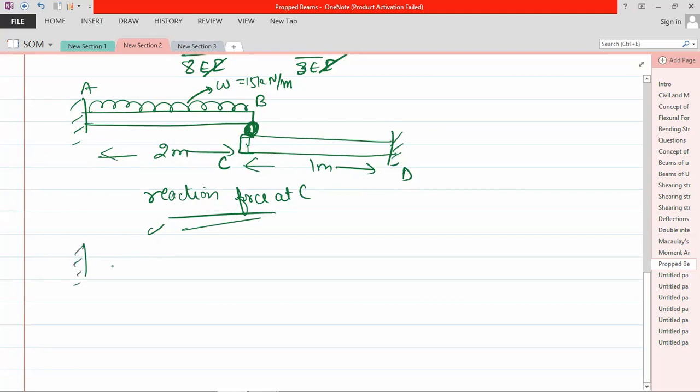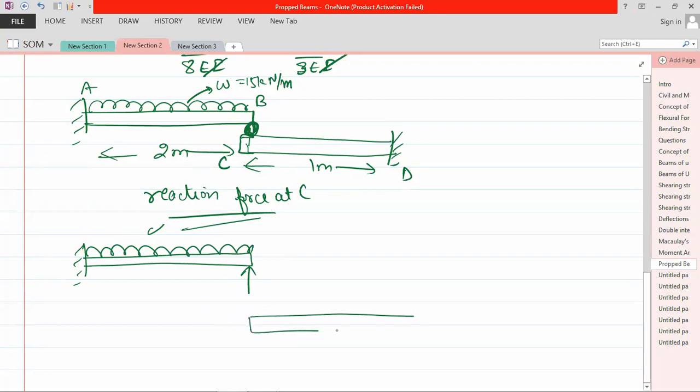So if we divide it, a load is acting in this way, and this will provide a support reaction in this direction, and here also this reaction is coming downward. Now for the reaction force at C, the deflection at this point should be equal, means how much is deflected should be equal to this deflection.